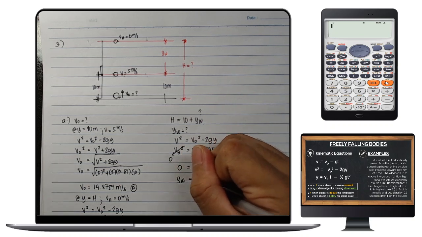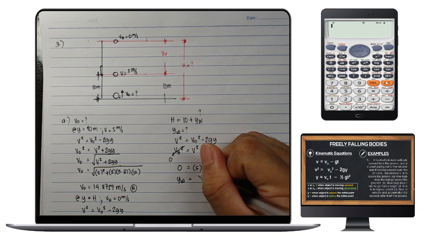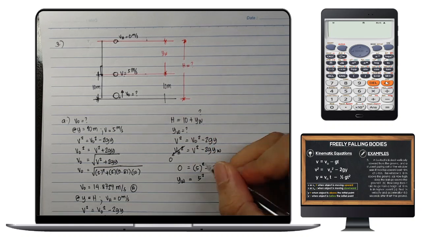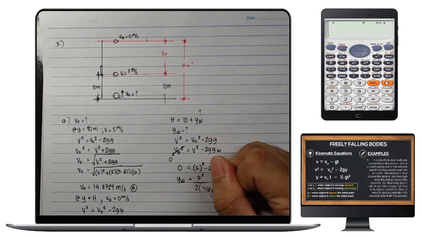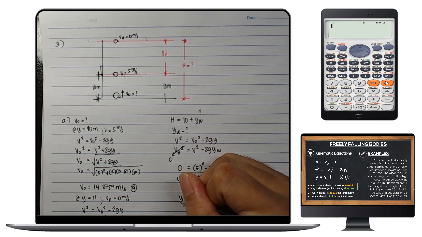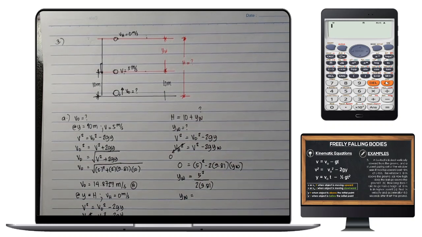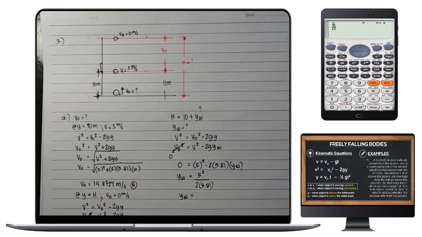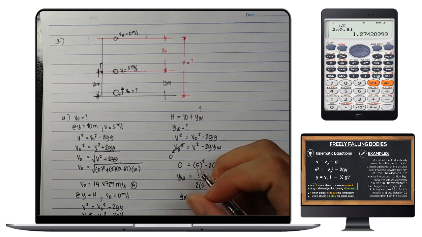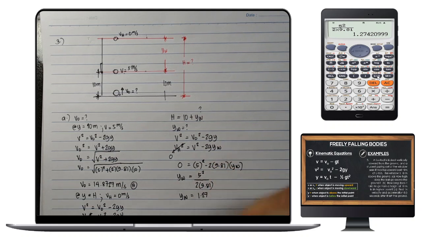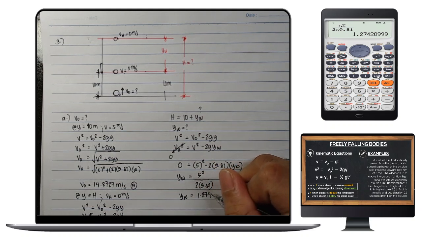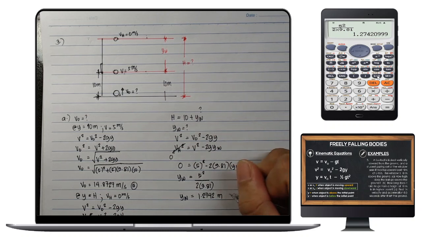So, we can find for y sub w, so that is equal to 5 square divided by 2 times 9.81. Equals 1.2742 meters. So, ilagay lang natin to sa C. Okay? Ilagay natin to sa C.